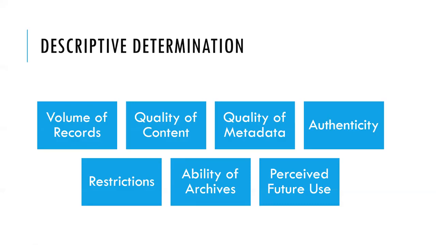And that's just a waste of time, it's a waste of resources, and it's going to result in a lot of collections being made available to researchers that don't really have a lot of value or a lot of purpose or research value to them.